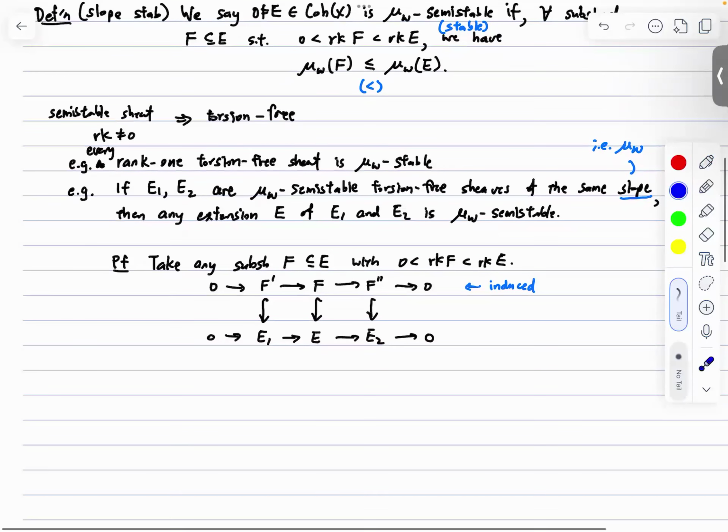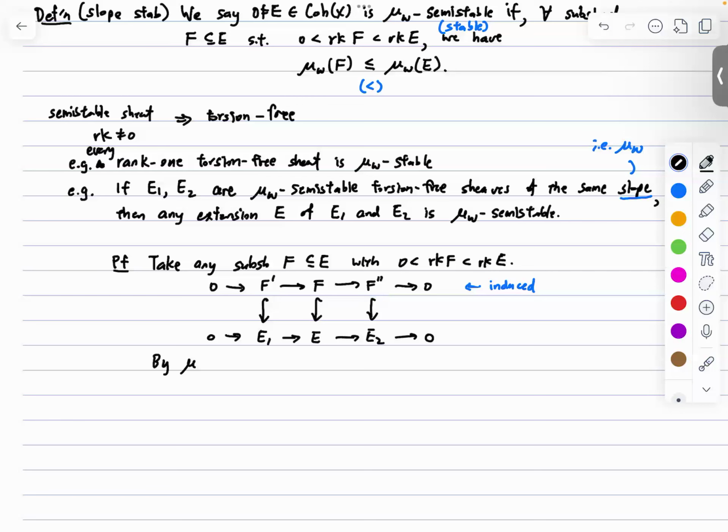Now F prime is isomorphic to a subsheaf of E1, and F double prime is isomorphic to a subsheaf of E2. And we are assuming that E1 and E2 are slope semi-stable, so we can say something about the slopes of F prime and F double prime. I'll probably start omitting the subscript omega from now on, and I'll write double S for semi-stable.